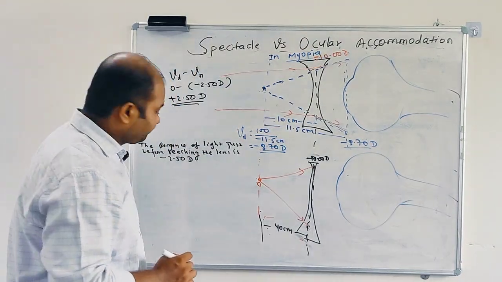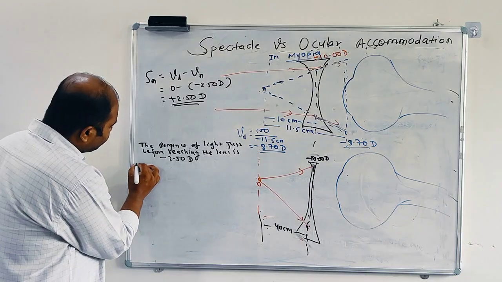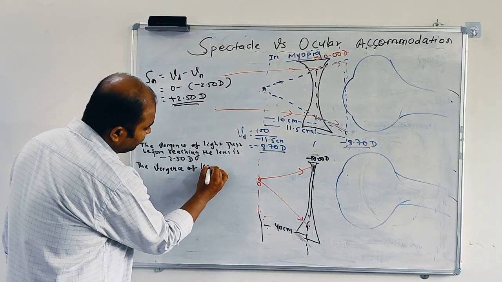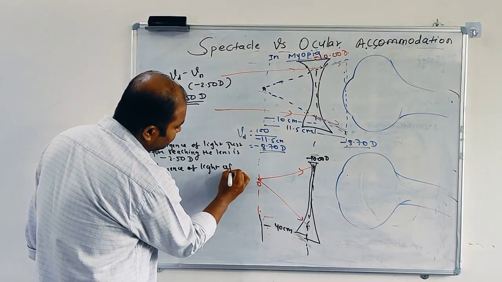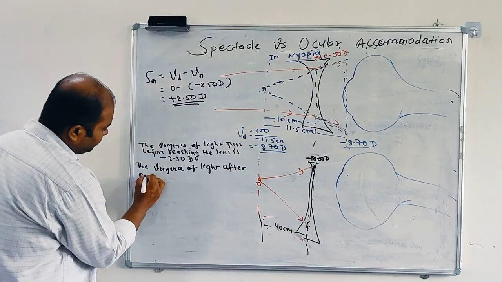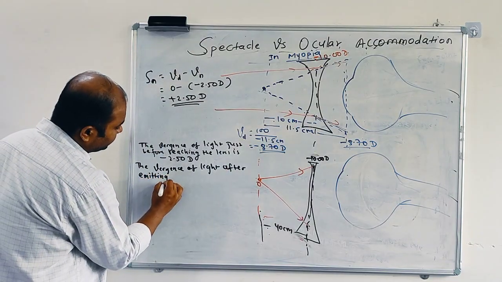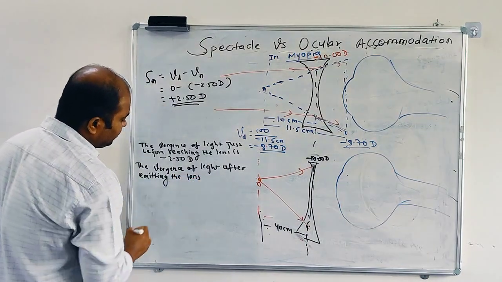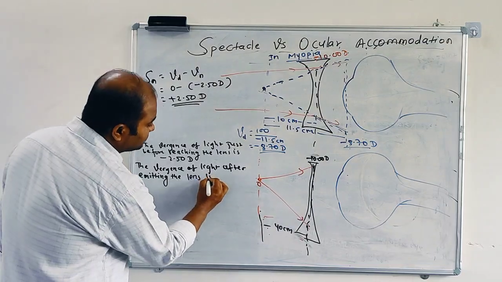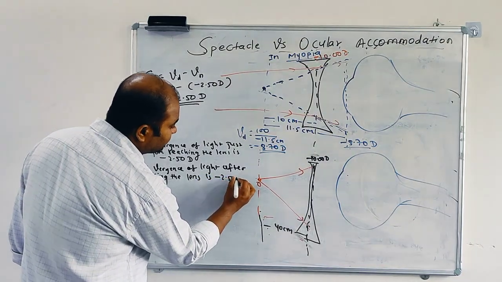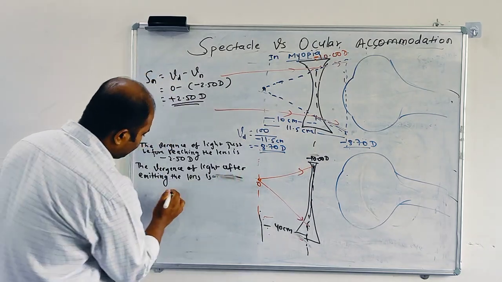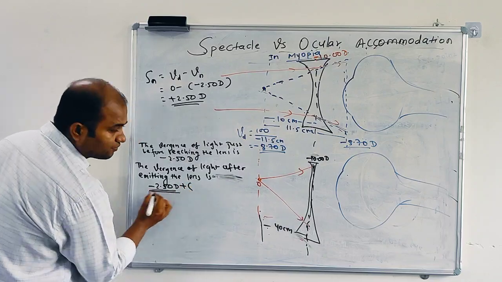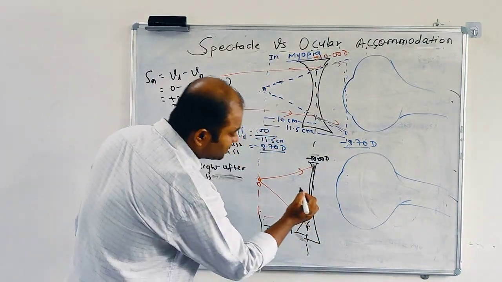Now this is very, very important to understand. The Vergence of light after emerging from the lens: here I can write minus 2.50 diopter, which is the Vergence of light reaching, plus the spectacle itself has minus 10 diopter.